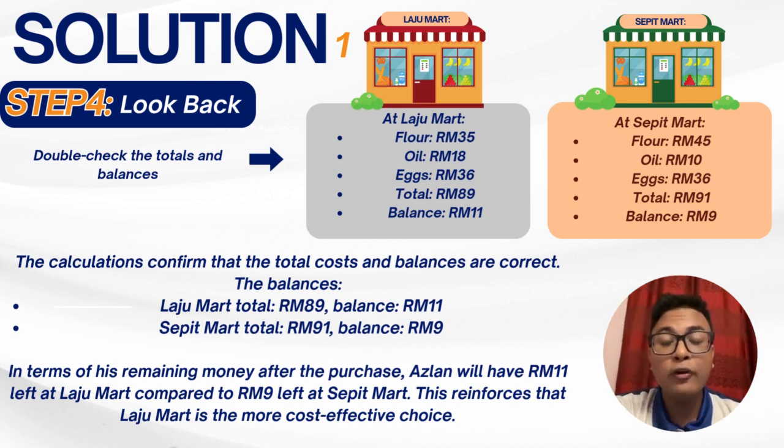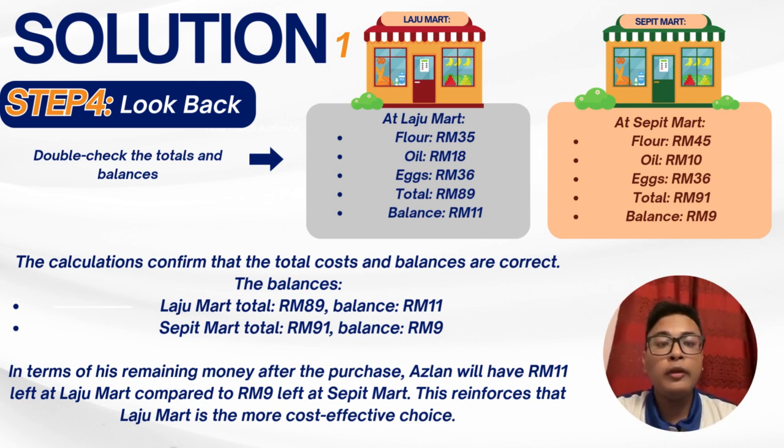Alright, for step 4, by following the models, is look back. I look back at this solution to double check the total and the balance. I list down the total of each item for each store and I calculate the total of the cost, and I find the balance by subtracting the total that Azlan will spend at each store from 100.